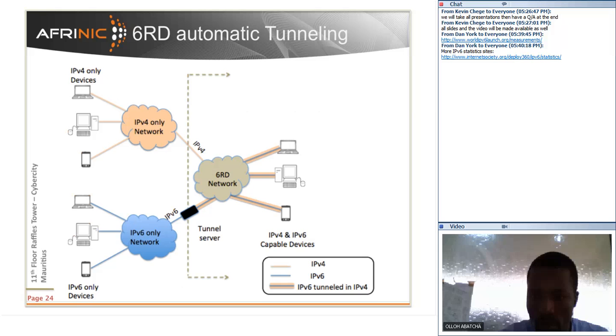The benefit of using 6RD is all the tunnel traffic stays within your ISP, stays within your network, and you communicate afterwards through your border routers, using IPv4 and IPv6. That's one way of going if you have a large number of, let's say, DSL customers.